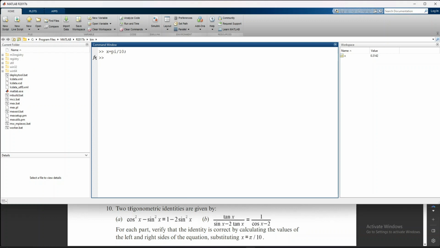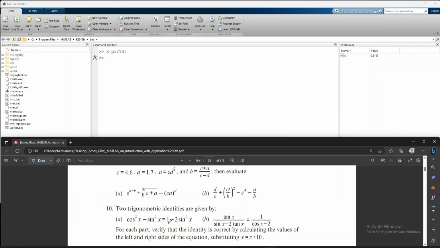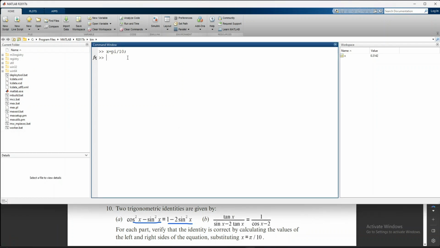Now we are going to solve the first part, that is cos square x minus sin square x. We have two sides, the right hand side and the left hand side. First we will solve the left hand side. Left hand side is equal to cos x, squared, minus sin x, squared.